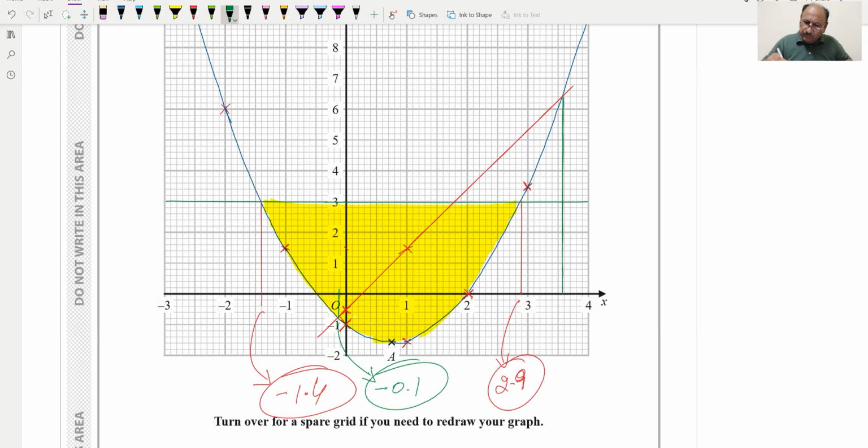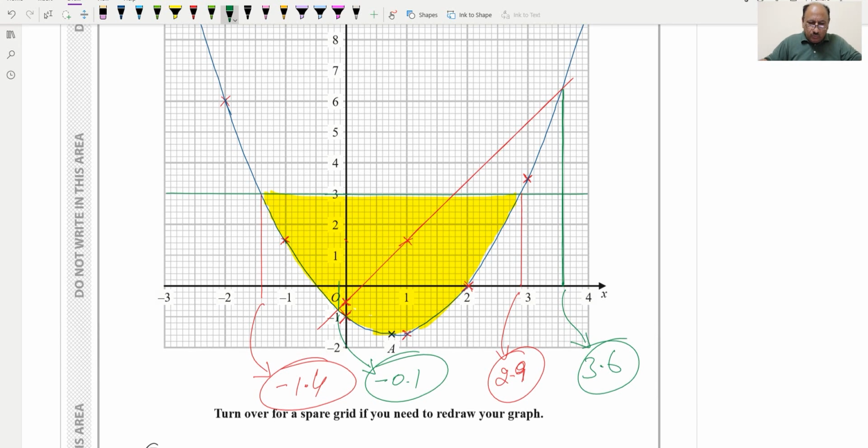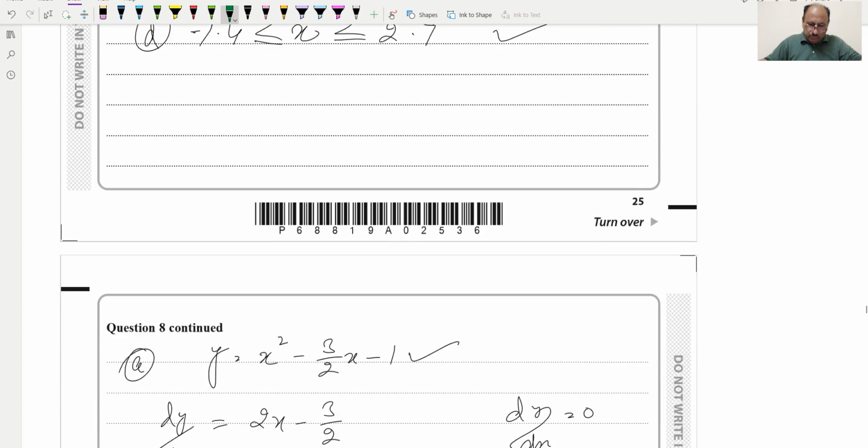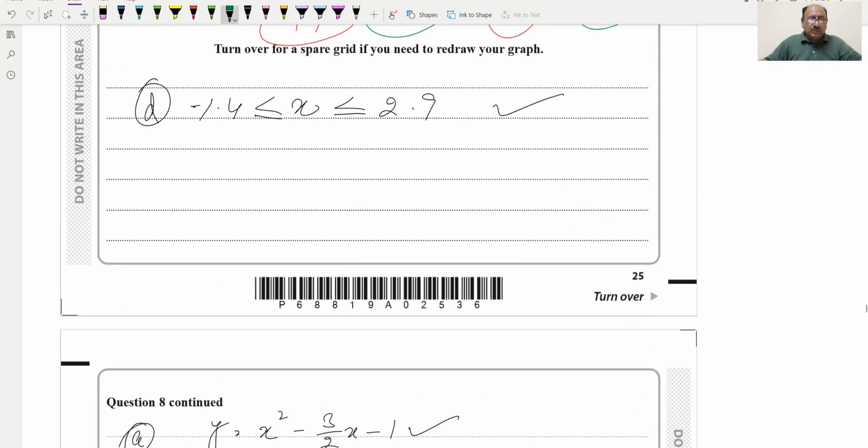This is 3.6, you can say this is 3.6. Yes, so this is 3.6. So these are the two values, the two solutions which we can write for this.